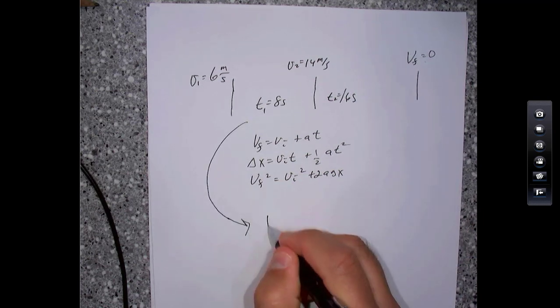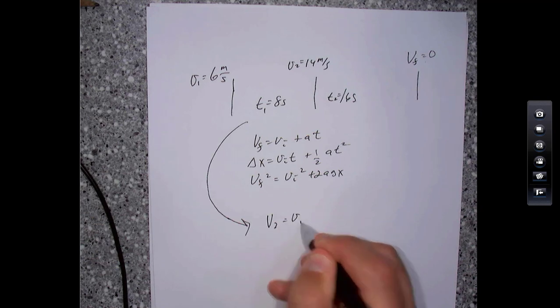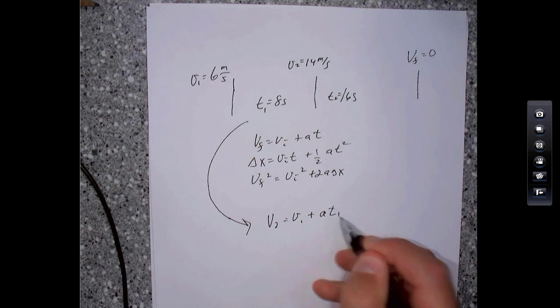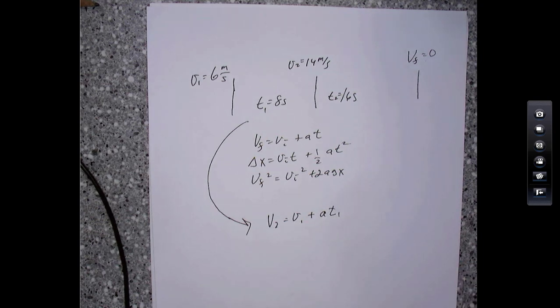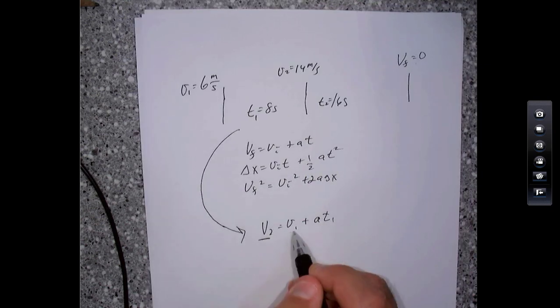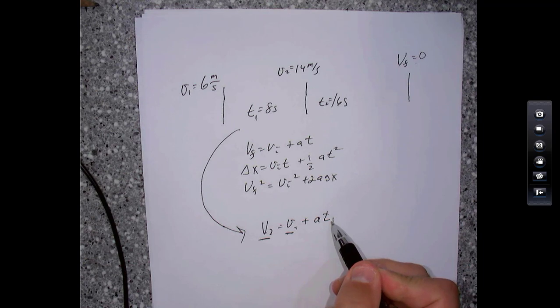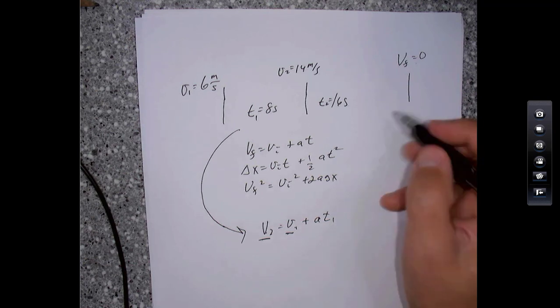So this is what I'm saying. From this first part, I could say v2 is equal to v1 plus a times t1. And that's perfectly good. I know v2 and I know v1, earlier and later. I know the time that happened in, so I can figure out the acceleration.